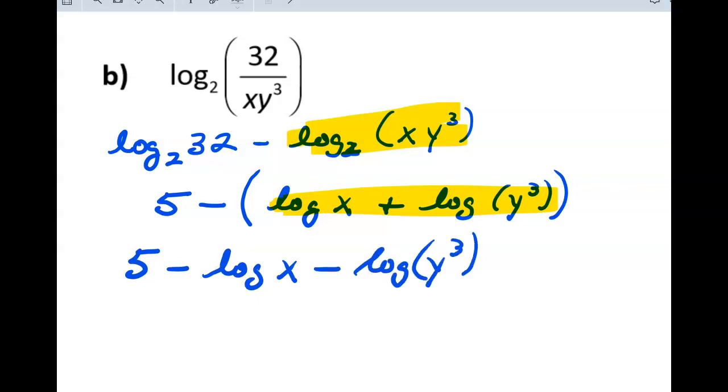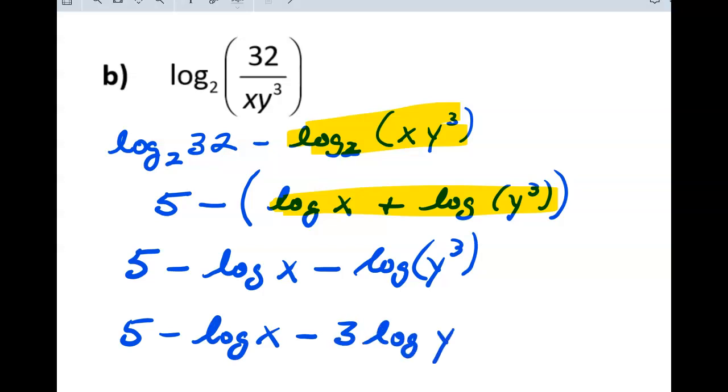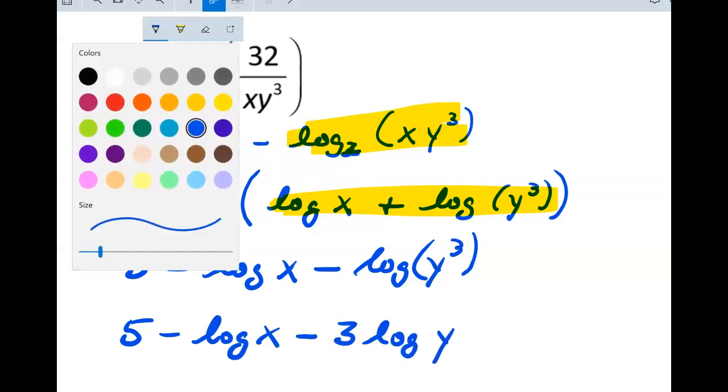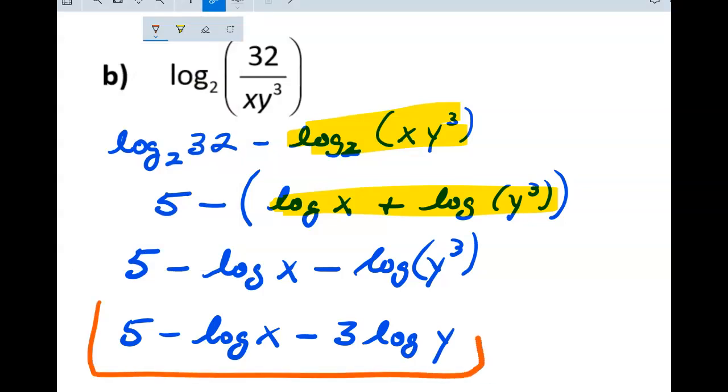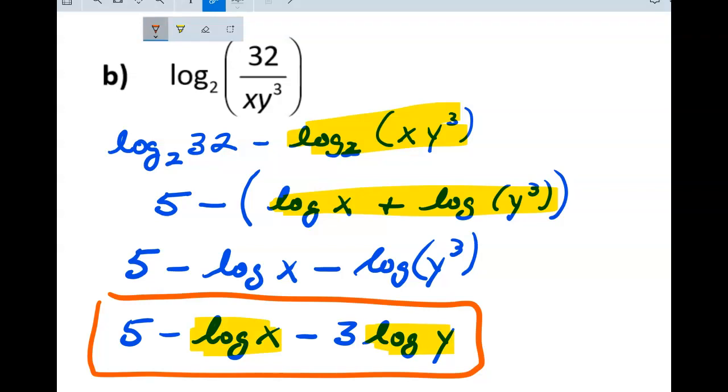And lastly, we can fly down that exponent on the y so that we have this just in terms of log of plain old y. So again, our final answer is in terms of just a log of x and a log of y.